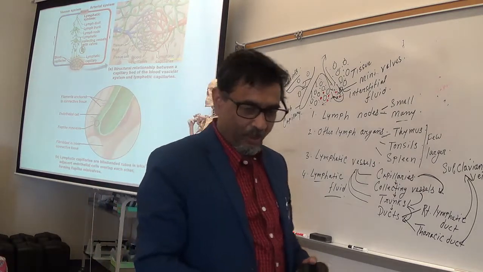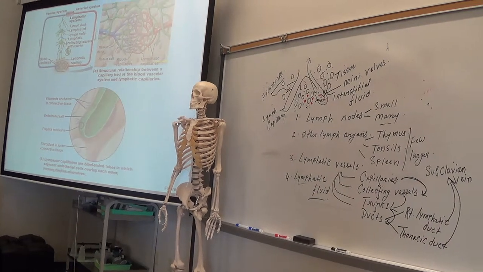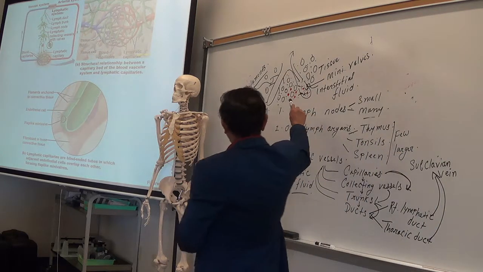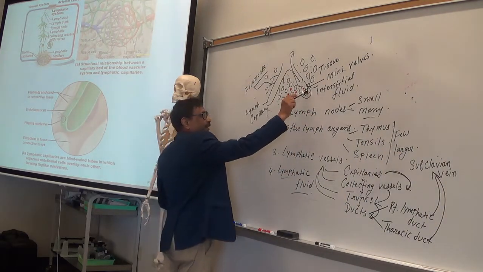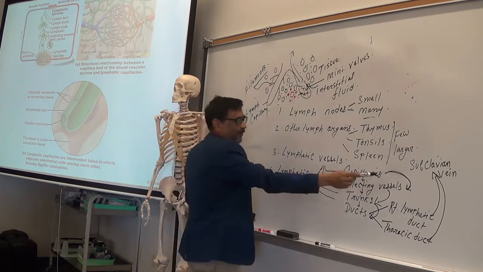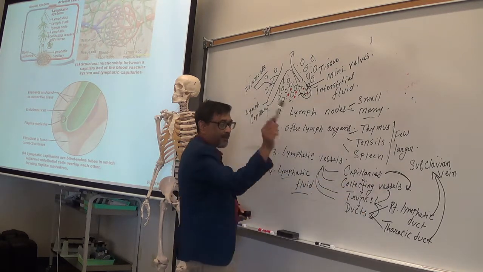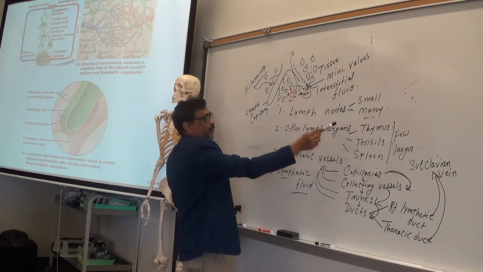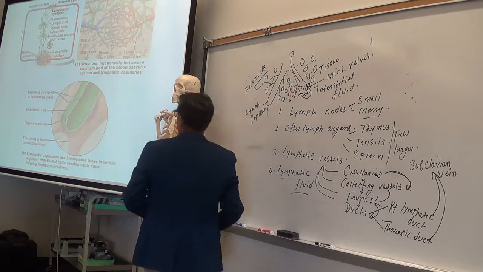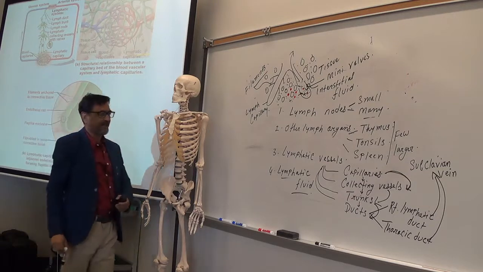Now let's go back to the capillaries. Look at this. Interstitial fluid enters into the capillaries, then that fluid circulates through the collecting vessels, trunks, as well as passes through these lymphatic organs, because lymphatic organs are along the lymphatic vessels.